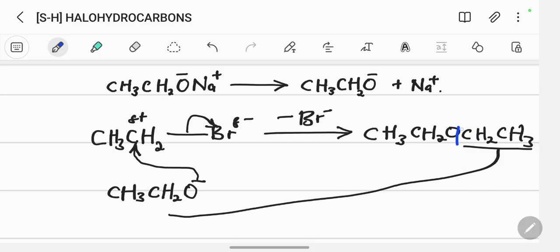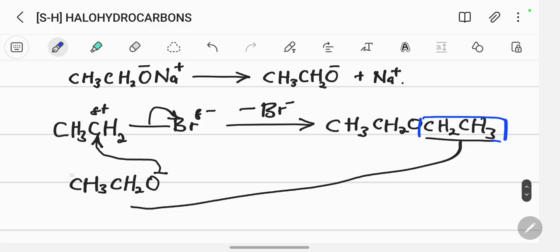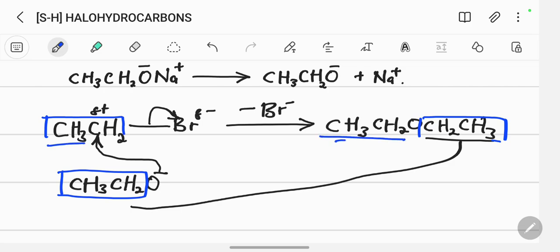So this part is this part, and this is this. Oxygen is now linking the two, and the bromine is lost there.